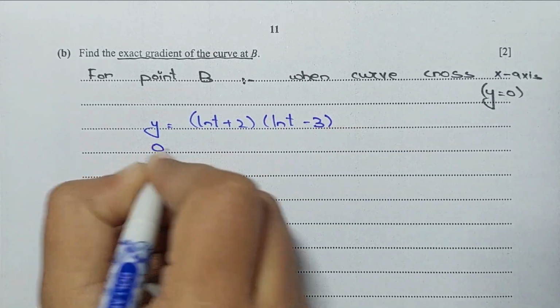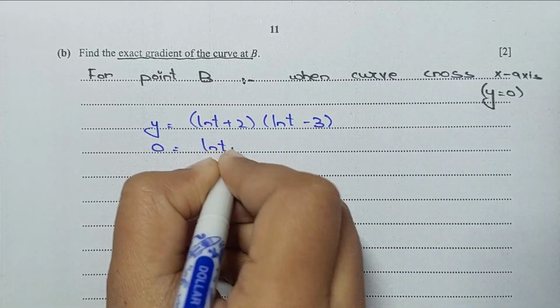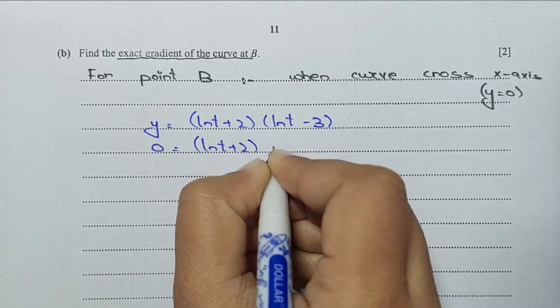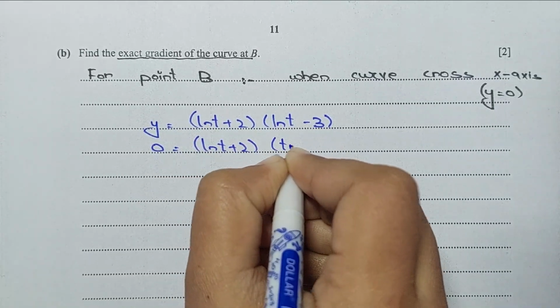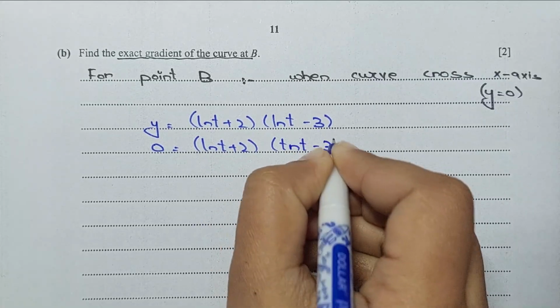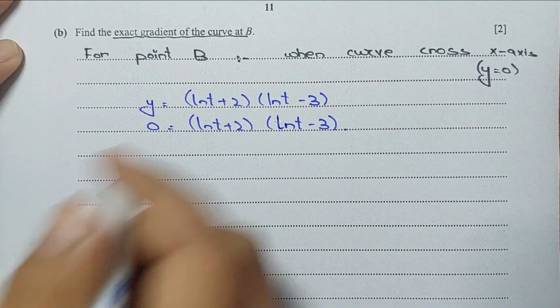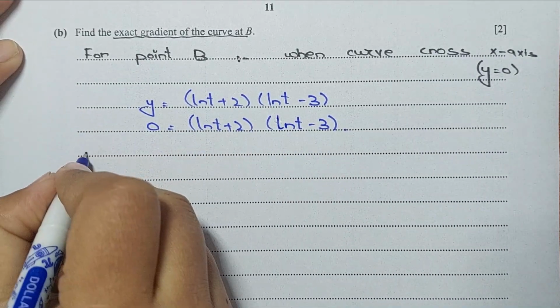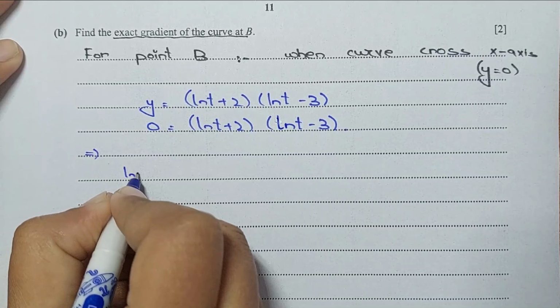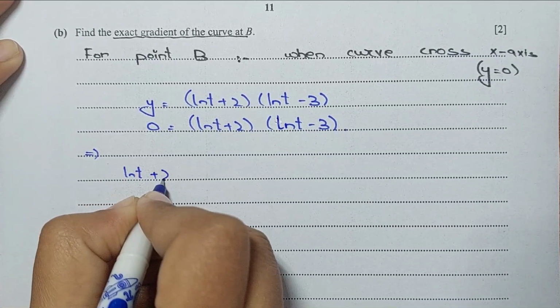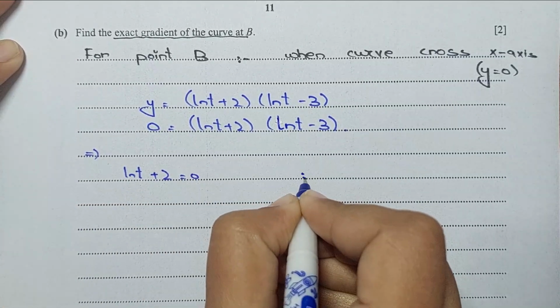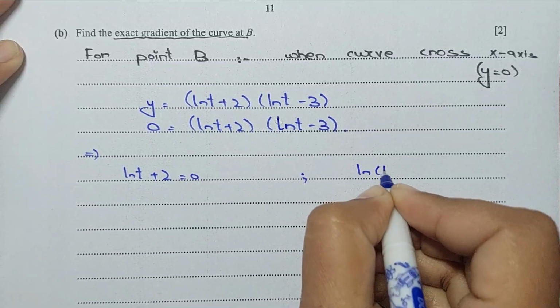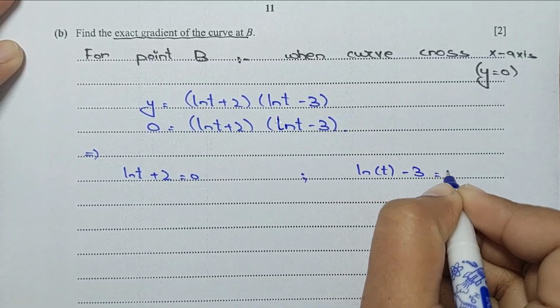When y is equal to 0, natural log of t plus 2 into natural log of t minus 3, the two factors are 0, which means we have to set both of them separately equal to 0: natural log of t plus 2 equals 0, and ln t minus 3 equals 0.